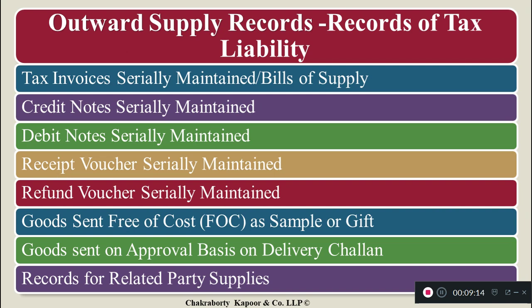Credit note, debit note, receipt voucher, refund voucher serially maintained, and goods sent free of cost as sample or gift. And we have to check also records of goods sent on approval basis on delivery challan, records for related party supplies.